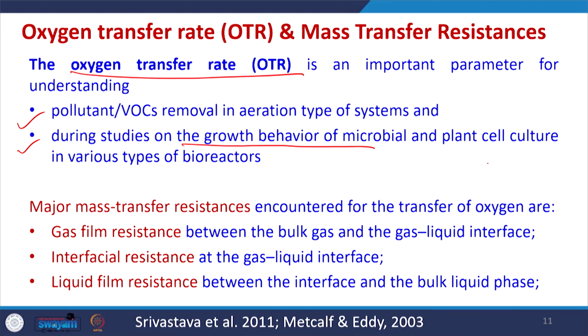So, in a nutshell, suppose this is the interface, and this is the water phase, and this is the top air phase. When oxygen is moving, there will always be a liquid film which is surrounding and sticking to the surface of the interface, and similarly there will be the gas film, and then similarly there will be a liquid film on the liquid side.